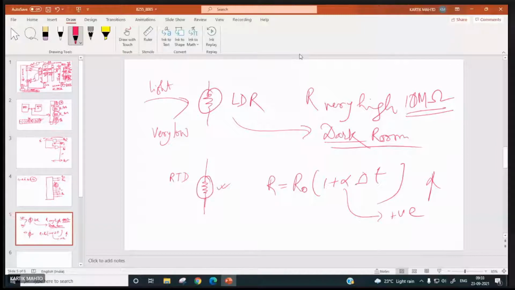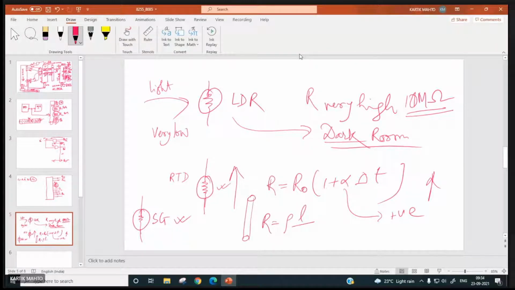And then we have strain gauge also. Strain gauge resistance also increases if pressure is applied on it, or dimension of the gauge material is changing. Gauge resistance will change. R is equal to rho L by A, no?